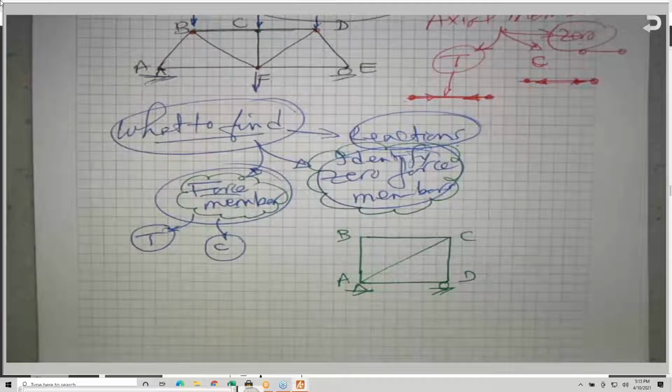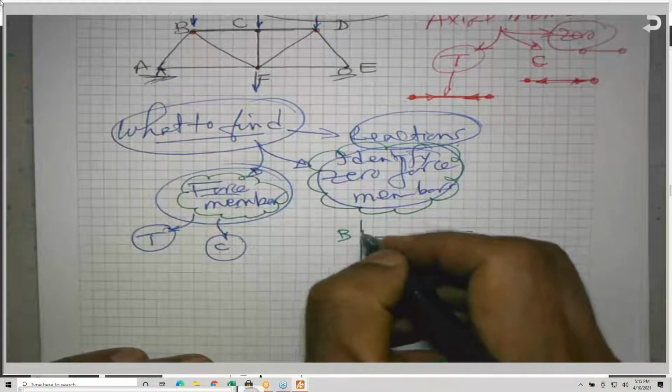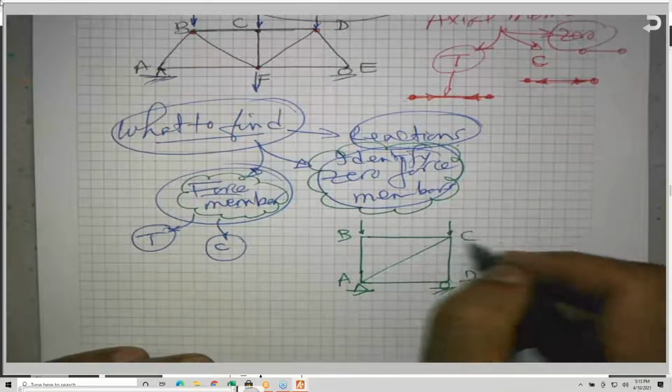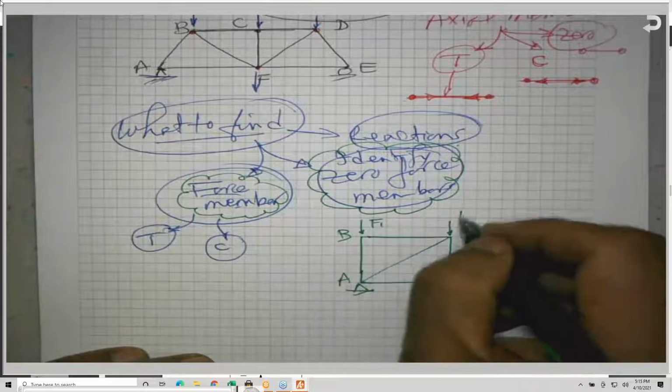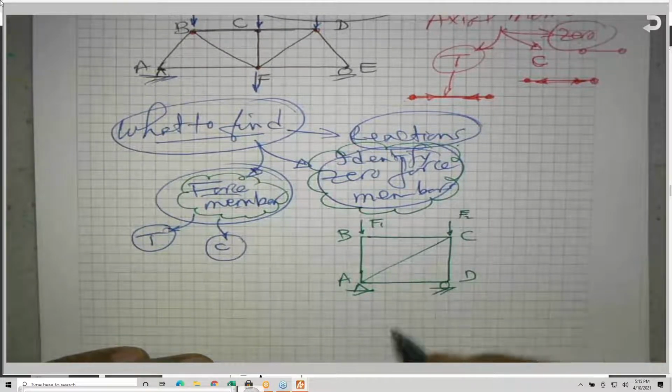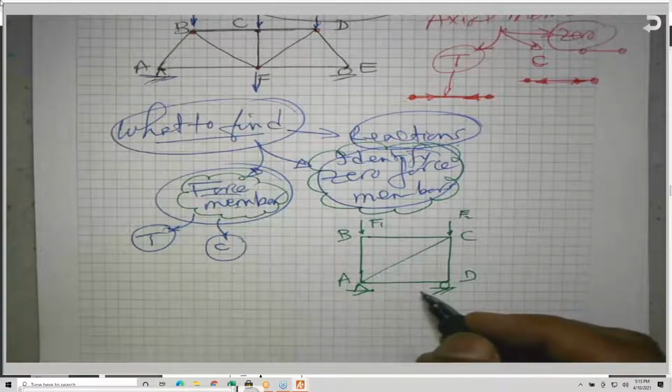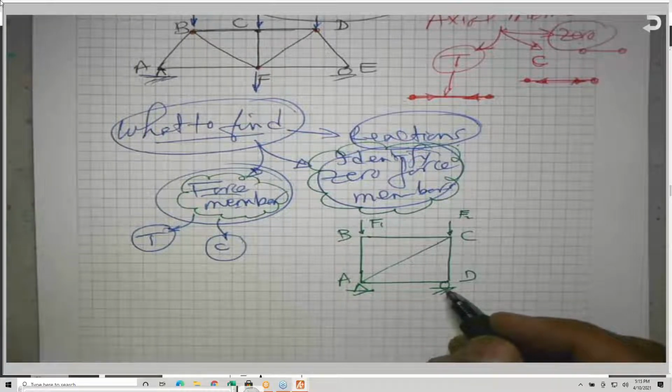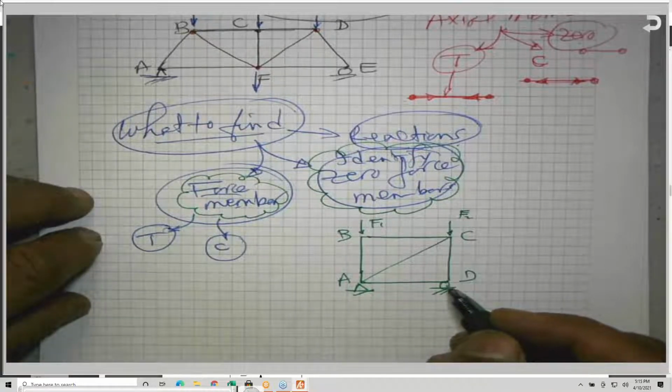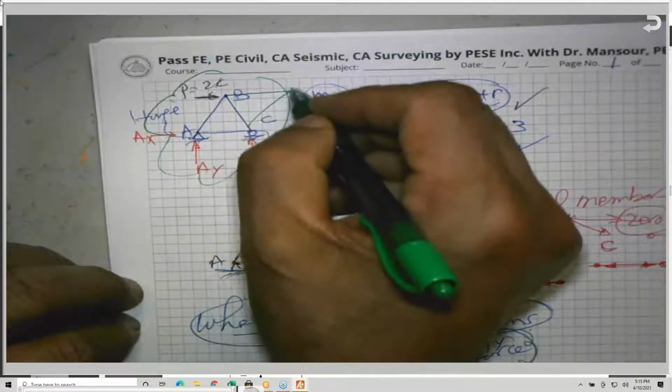It doesn't matter how many forces are acting on this truss, horizontal or vertical, F1, F2, it will be stable. So a truss must consist of triangular shapes, which is the basic unit, and you can add more and more.